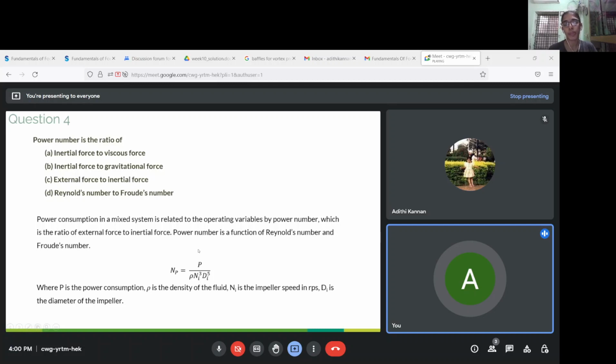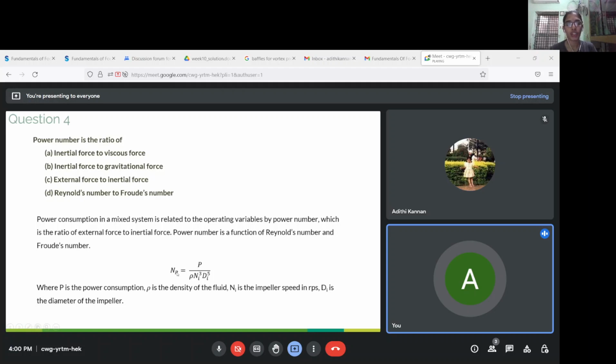If you do a dimensional analysis, you will find that your power number N_P is equal to P, which is your power consumption of the system, divided by rho, which is the density of your liquid, N_i cubed, where N_i is your impeller speed, the speed at which you are rotating the impeller, in revolutions per second, and D_i raised to 5, where D_i is the diameter of the impeller.